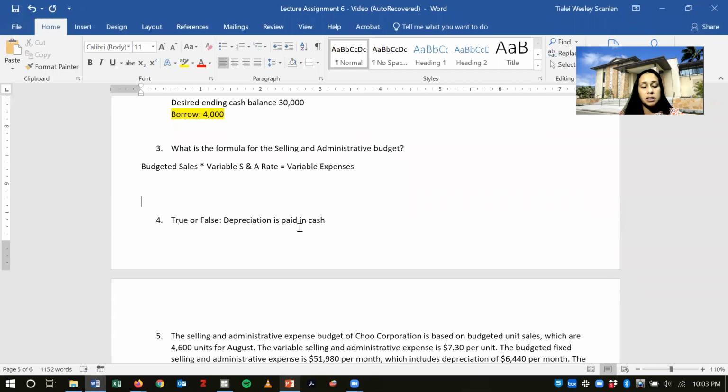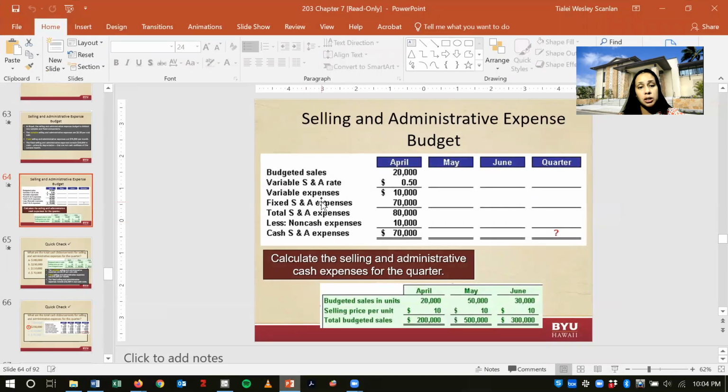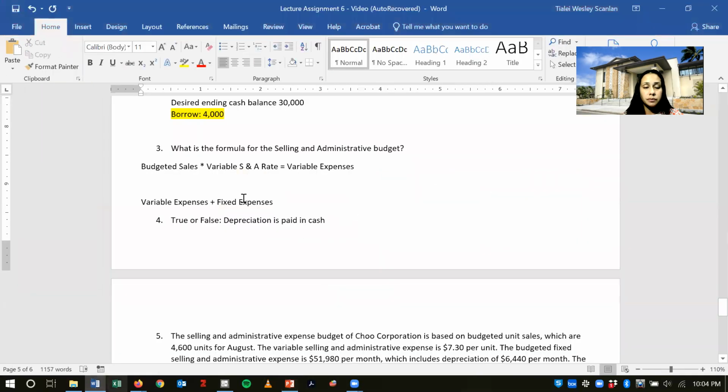So then after you get variable expenses, you'll add your fixed expenses, fixed selling and administrative, to get total selling and administrative expenses, less non-cash expenses, which gives us our cash selling and administrative expenses.